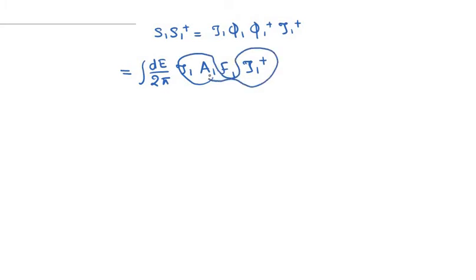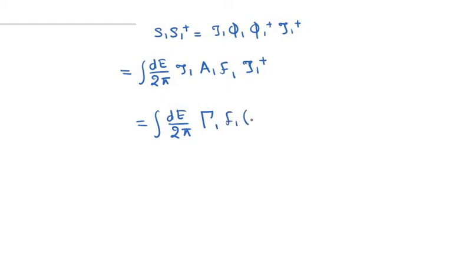What is this part? This entire part is the broadening matrix due to contact 1. We write it as dE by 2 pi, the broadening matrix due to contact 1, which is gamma 1 and f1. And f1 actually is a function of energy. This is the Fermi function. This A matrix is also a function of energy. So everything is a function of energy here, so I'm not writing the argument.